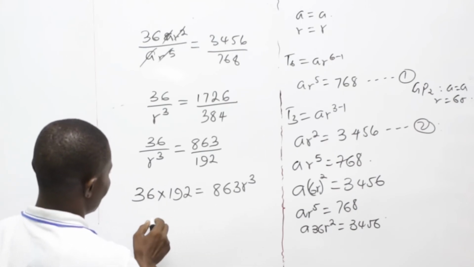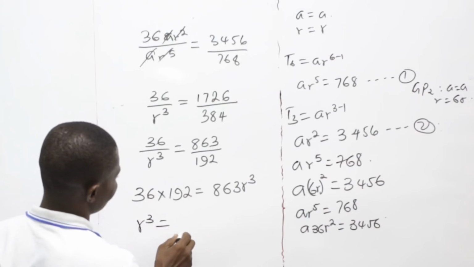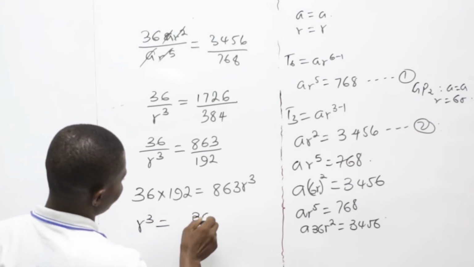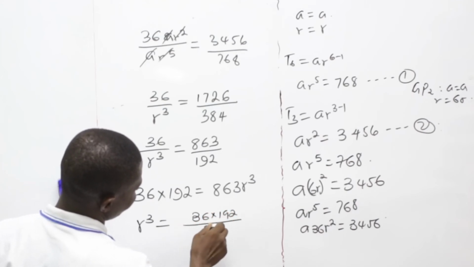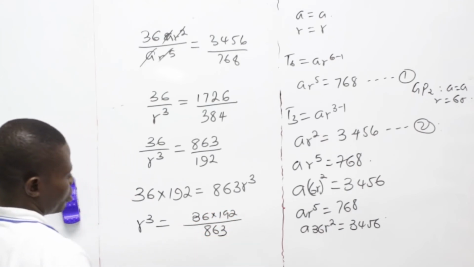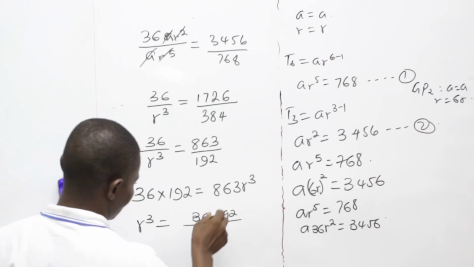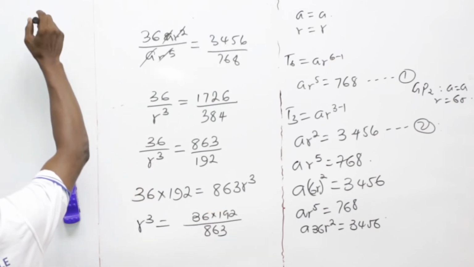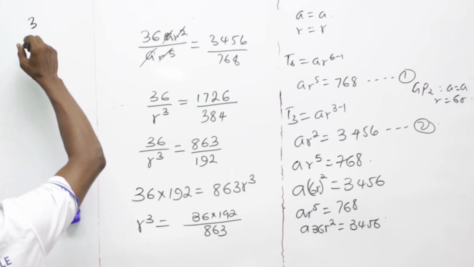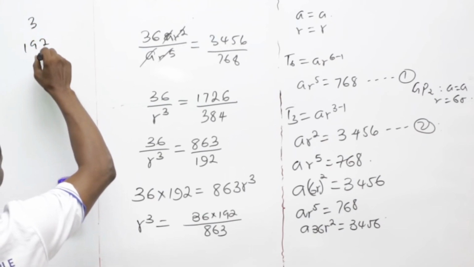Okay. Let's make R subject of the formula. R cubed equals 36 times 192 all over 863. I'll multiply 192 times 36.